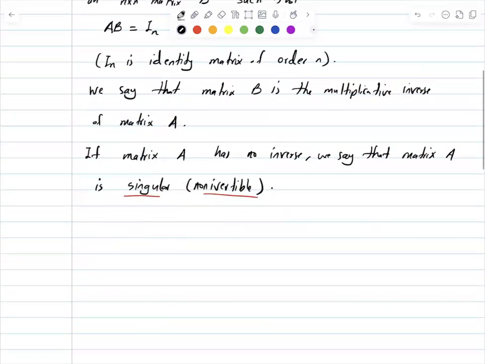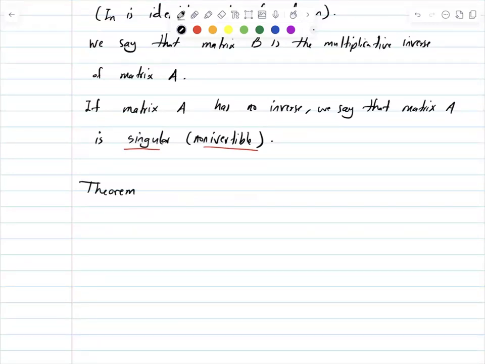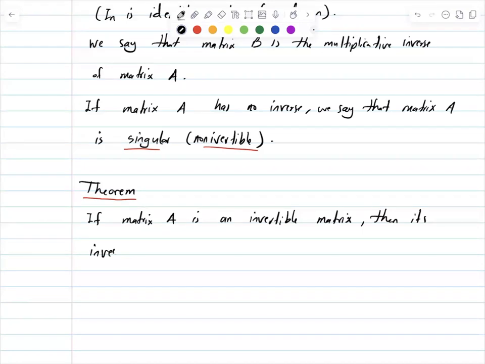We have a nice theorem that we're going to write a short proof for. If matrix A is an invertible or non-singular matrix, then its inverse is a unique matrix, and it is represented by A with -1 as its exponent.